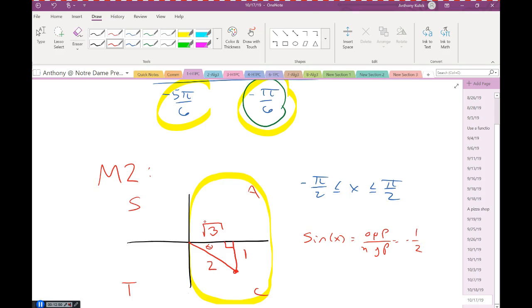And then I just need to make sure the signs on all of these are correct. Remember, these aren't actually side lengths, but they're the coordinates of this ordered pair. So the square root of 3 is my x-coordinate, and the 1 is my y-coordinate. Because we're in quadrant 4, that y-coordinate needs to be negative.